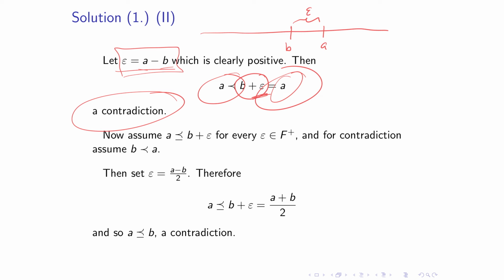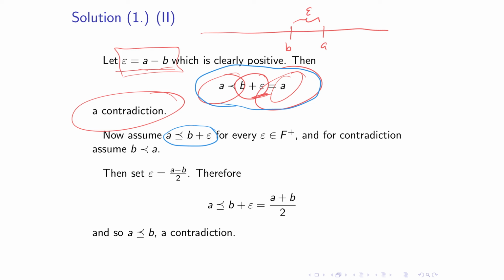But when we move on to the next part of the proof, we're replacing precede with preseek, and you can tell that if we made the same choice of epsilon here, it would no longer work, right? We would get A preseeks A, and there would be no contradiction that follows from that.